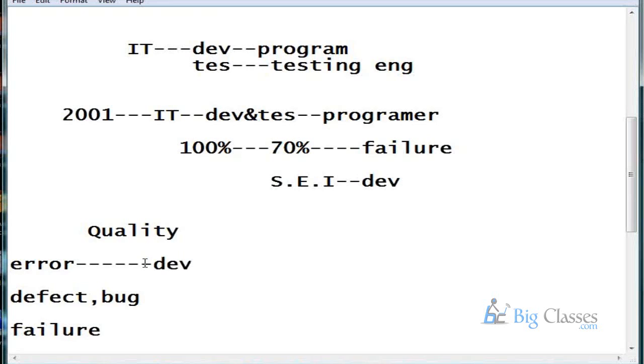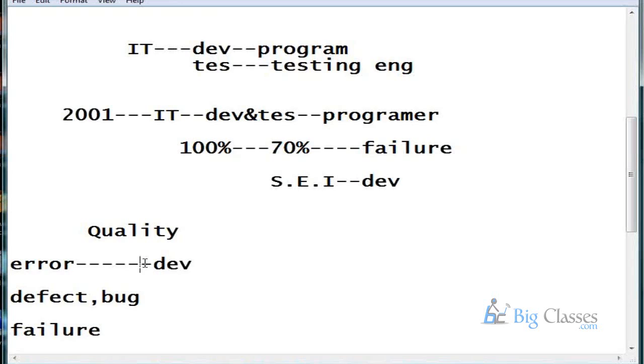This terminology is used by developers. Like the syntax error you hear about. Those are errors: the mistakes in programming while writing the program. If the programmer finds any mistake in programming, the mistake is called error by developers.